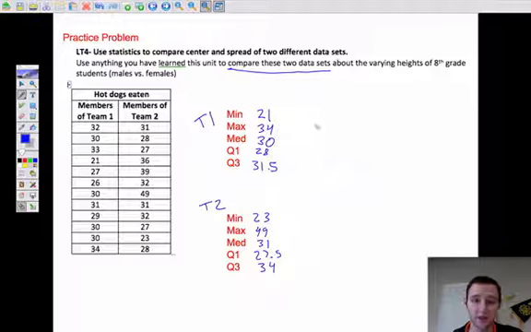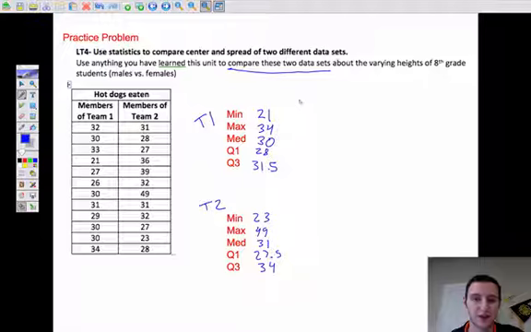Again, there are a lot of different examples that you could do for this. It looks like Team 2 has a slightly higher median. So you could say, kind of on average, Team 2 ate more hot dogs, or members of Team 2 ate more hot dogs. Team 2 also has the higher maximum.